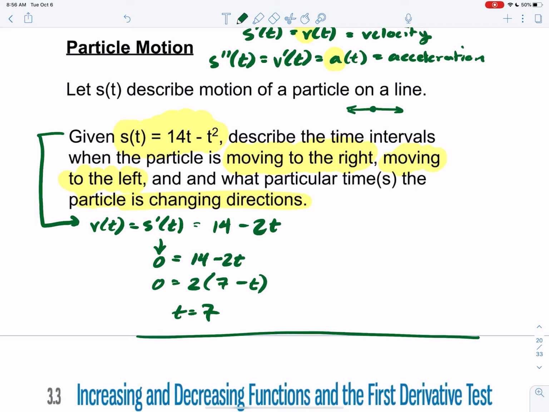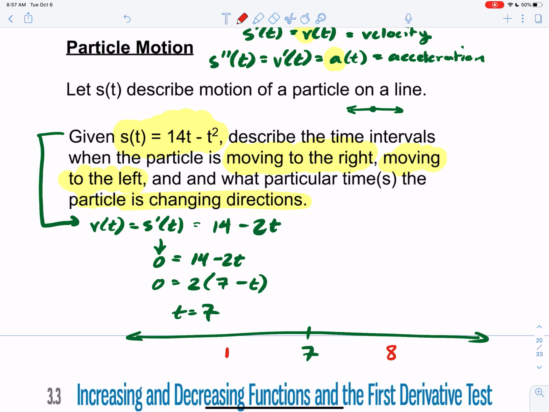So here we go. 7. I put in a test value. 1. 8. Okay, doesn't matter what you pick, but remember t is time, you guys. Don't pick negative 1 million because time cannot be negative, all right?